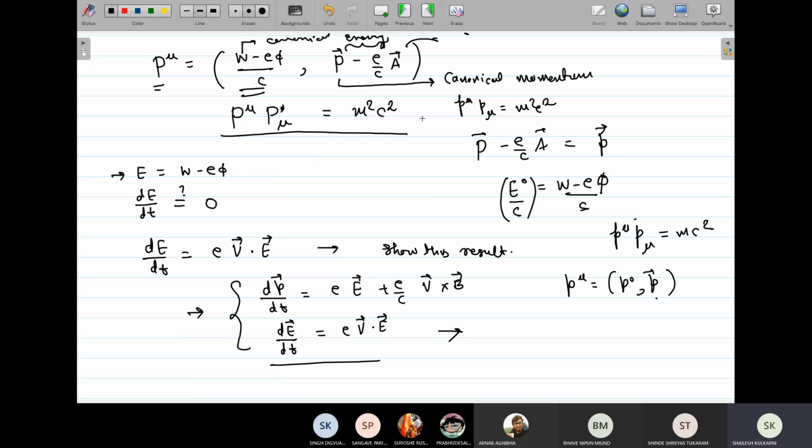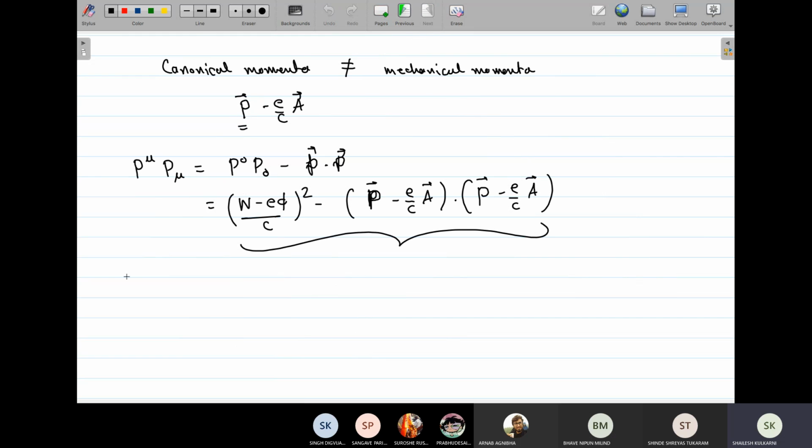Now the question is, how to express equations of motion in covariant form?